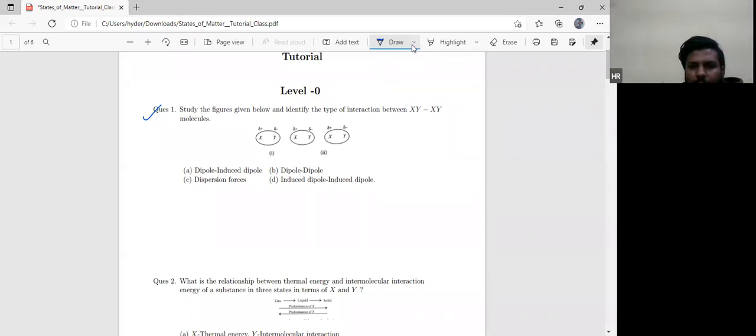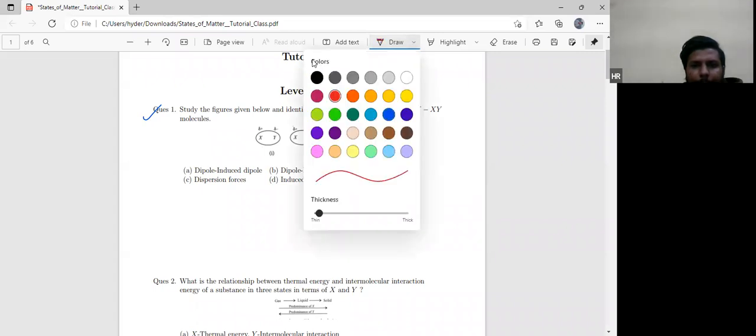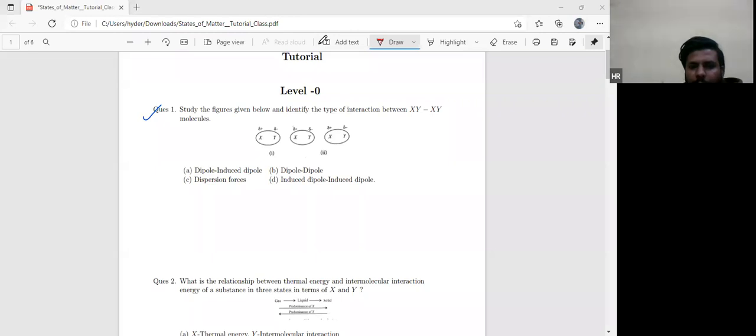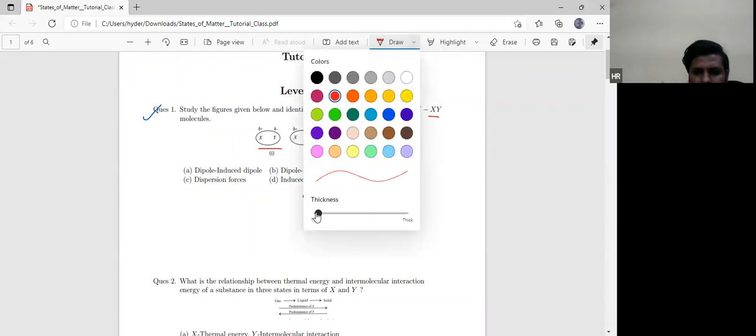So look here. Basically, be very good, Mariam. Study the figures given below and identify the type of interaction between XY molecules. First, look at XY. XY is like this, and here it is given delta negative, and here it is given delta positive. What does it represent?